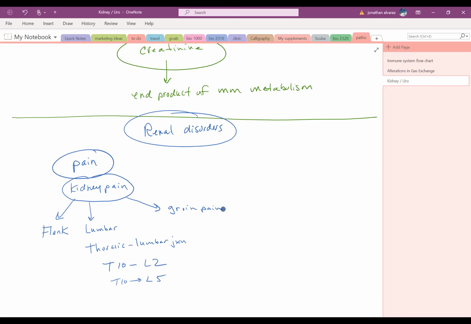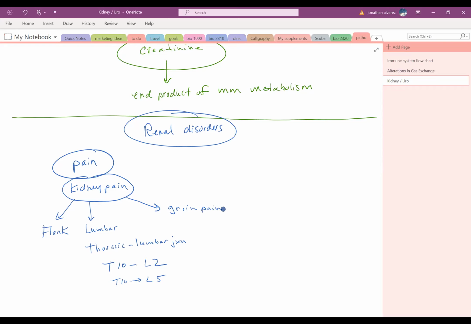Start with your history and then start with your appropriate exam. What I mean is, if a person comes in with low back pain, I don't think you have to do an exam on their wrists. Go to the area of chief complaint and then go to the associated areas.